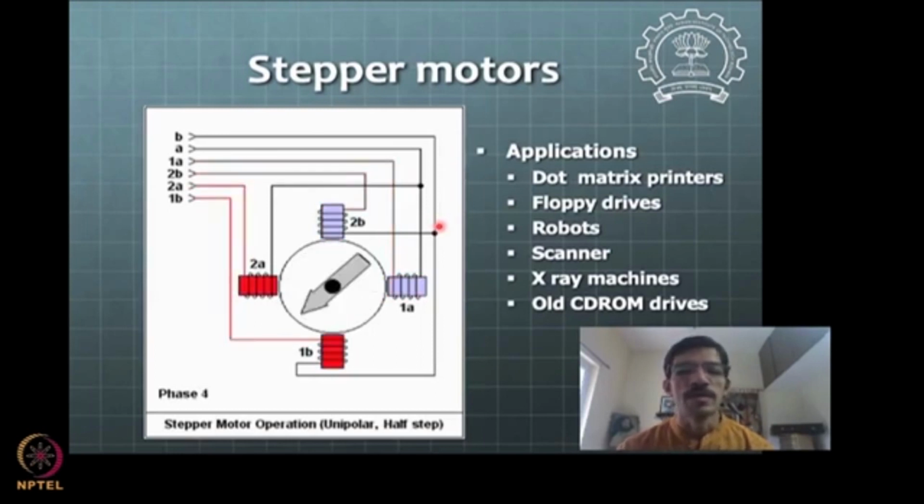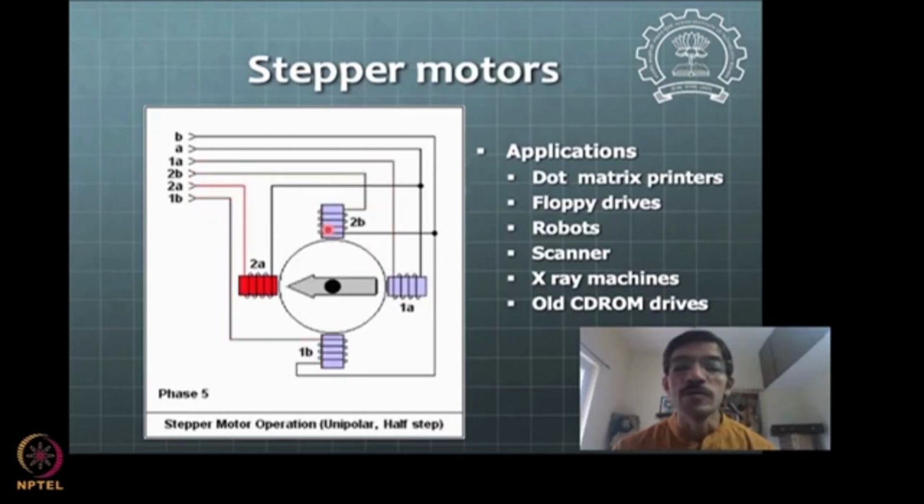Okay, so half step mode, you'll see this is the kind of thing that is going to happen. Can you see that? So you excite one coil and the other coil next to it, both together. Okay, so we'll make the position of the rotor into some kind of a middle position here. Now if I want to change this middle position to either side of this coil or side of that coil, I can excite these two windings differentially.